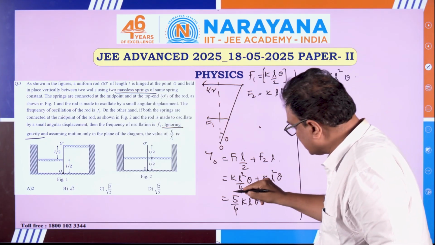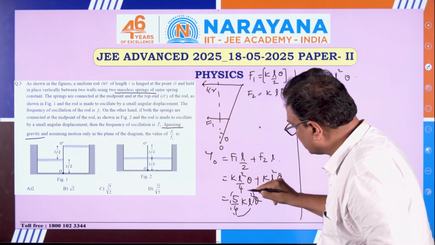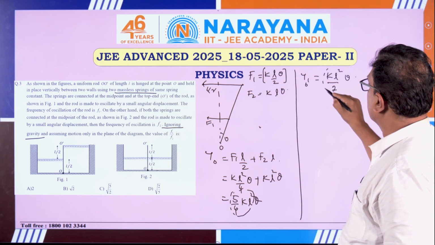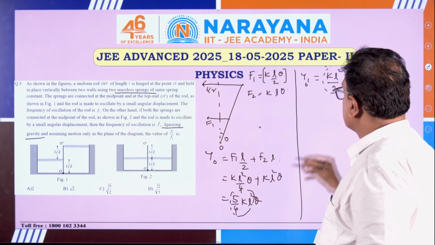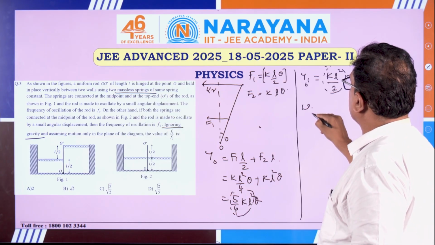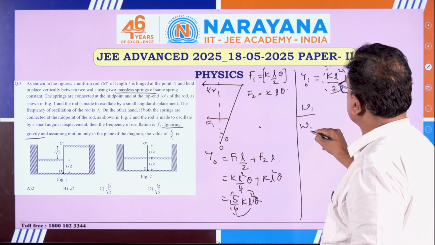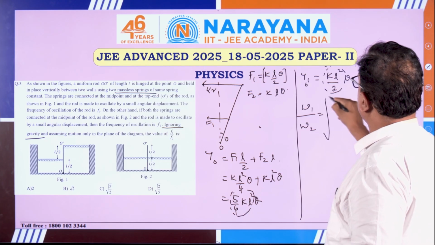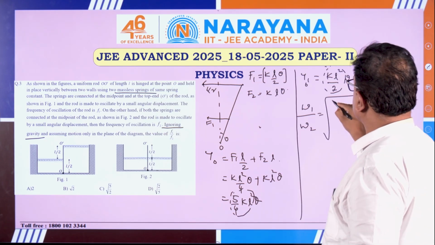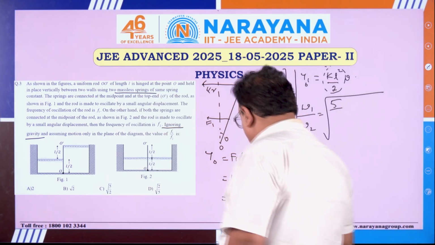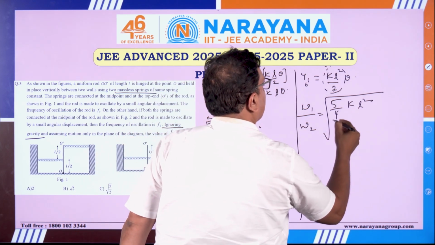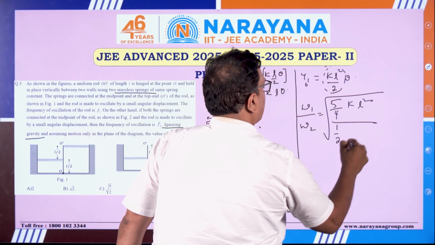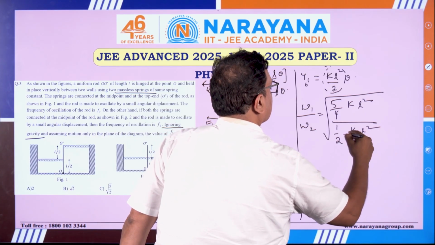Remember, my focus is only on this part. And my focus is only on this part. That term will decide. So therefore, what you want is the ratio of frequencies. This is nothing but, in first case, 5 by 4 KL square divided by 1 by 2 KL square.